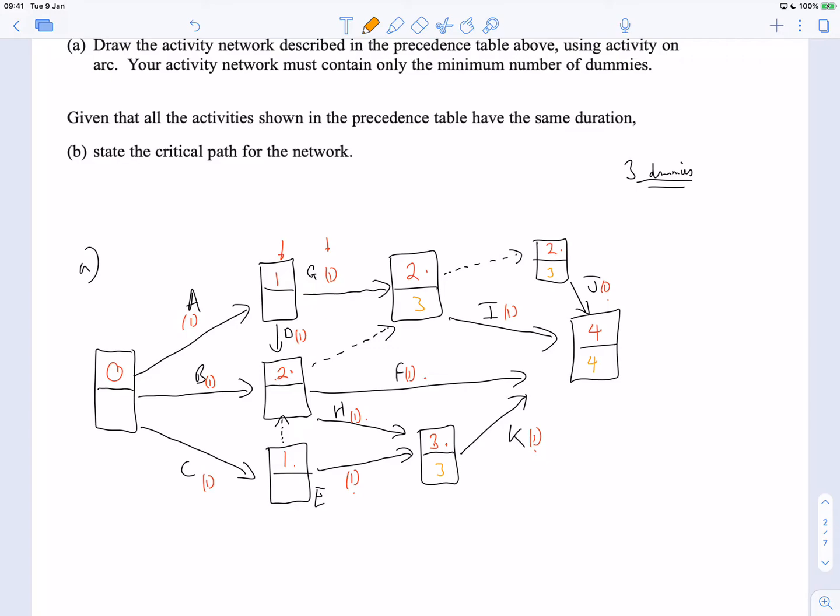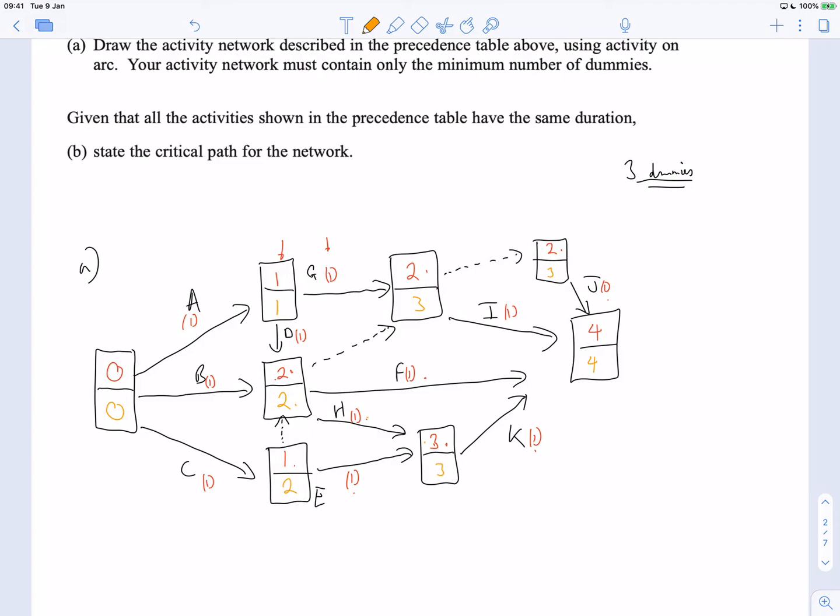The latest I can be here is a 2, because I need 2 and a 1 to make this 3. The latest I can be here is a 2. The latest I can be here is a 1, and then that's a 0.